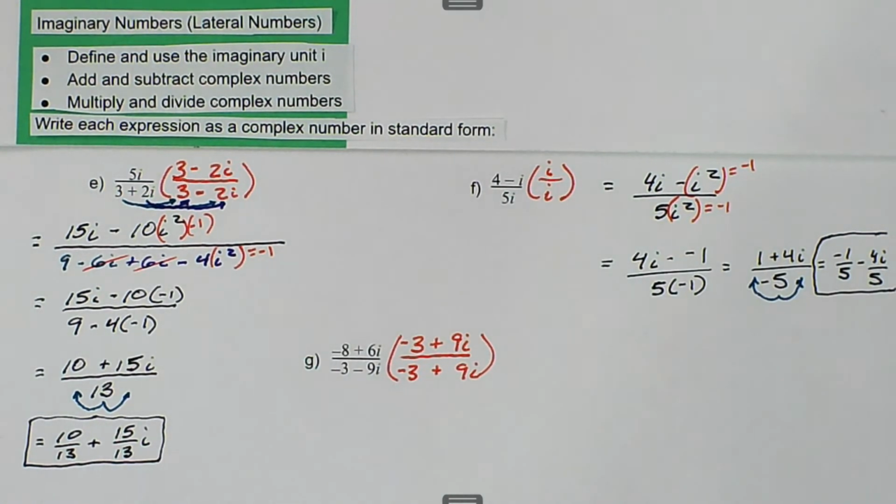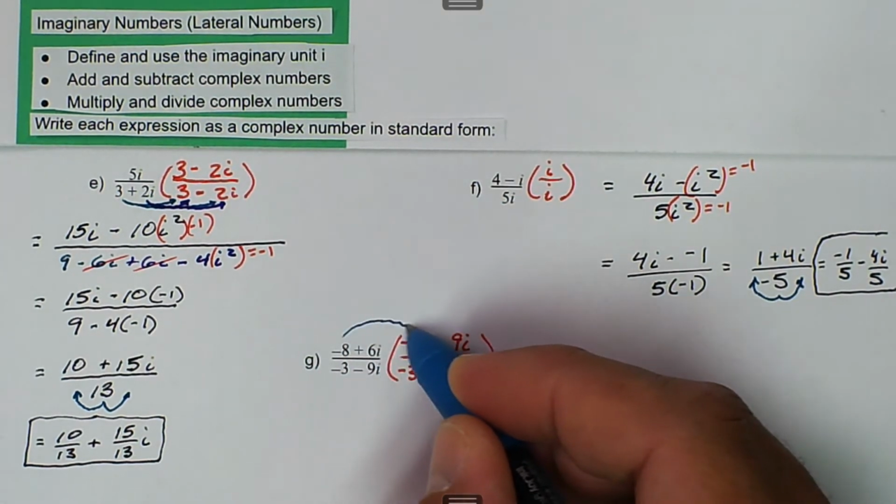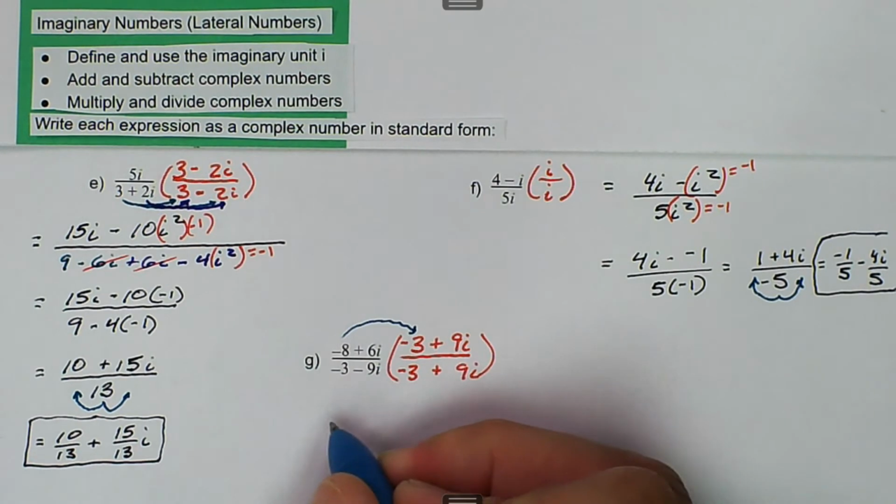So when we go ahead and do this multiplication, we have to distribute. So negative 8 times negative 3, that is 24.